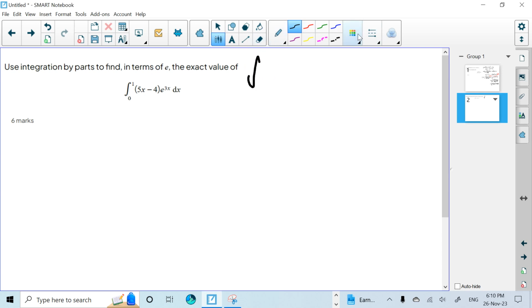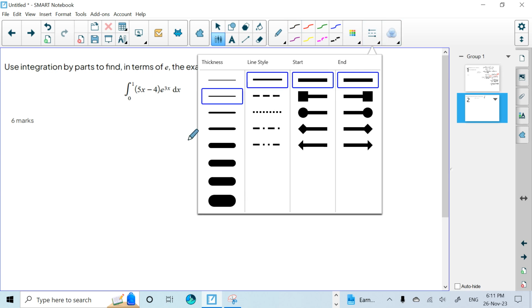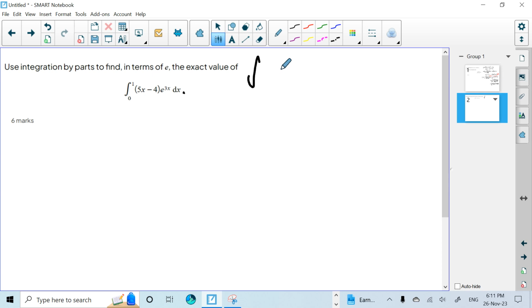So it's the integral of u v prime dx is equal to uv minus the integral of v u prime dx. Can also be written as uv minus the integral of v du/dx dx.